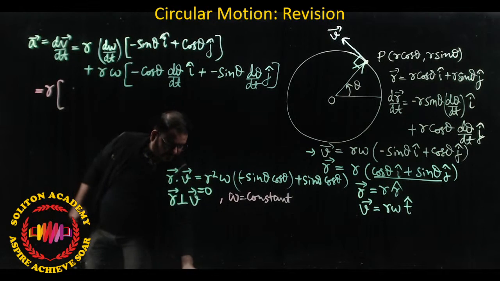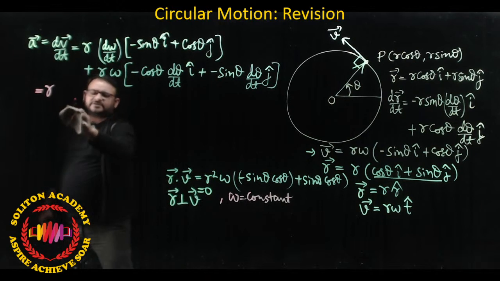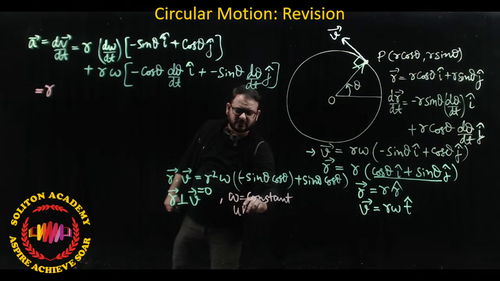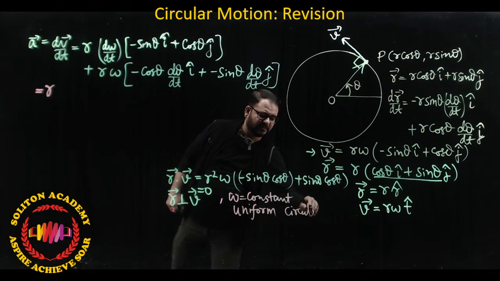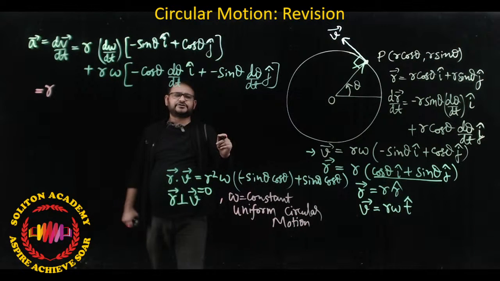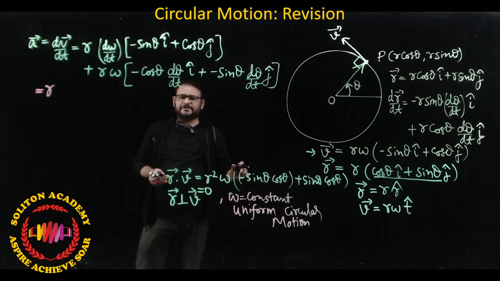Now, this is the special case we have taken for uniform circular motion. We want to know everything about uniform circular motion. Now that has been mostly asked for BITSAT. There has been no question on non-uniform circular motion, so we are not going to do it in this class.